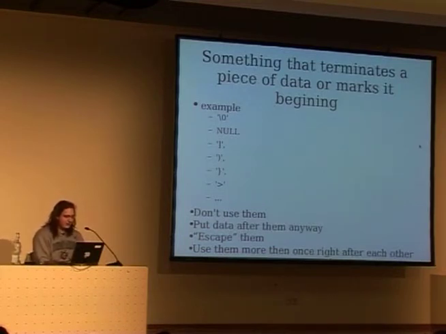If there are ways in the protocol to escape some stuff, try to escape some of these things that mark beginnings or endings. It can lead to surprising results. And then put several of those after each other and see what happens.